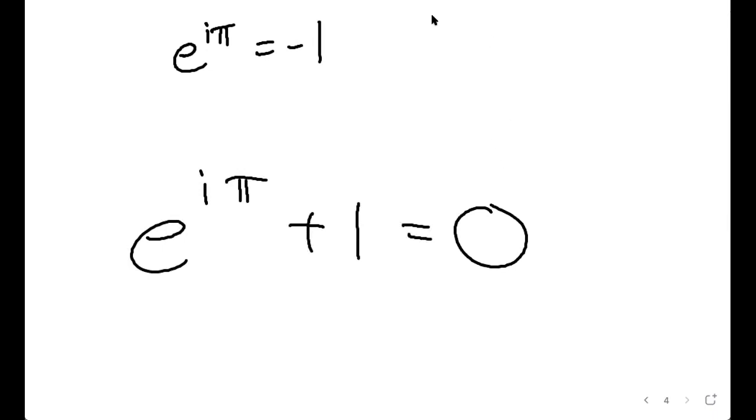I can move the -1 to the other side and write, let me make this nice and big, e to the i pi plus 1 is equal to 0. And some people would say this is one of the most beautiful equations in mathematics because it's a very simple statement.